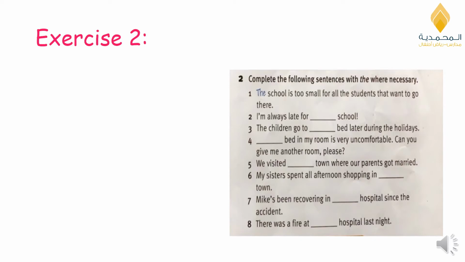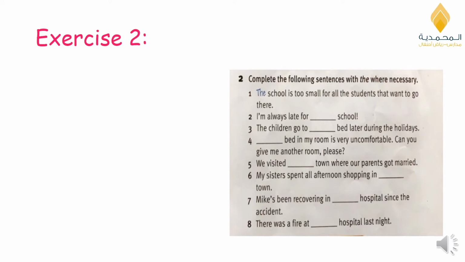Now let's do exercise number 2. Complete the following sentences with the where necessary. In this exercise, I want you to differentiate when we can use the and when we cannot use the. Number 1, "The school is too small for all the students that want to go there."